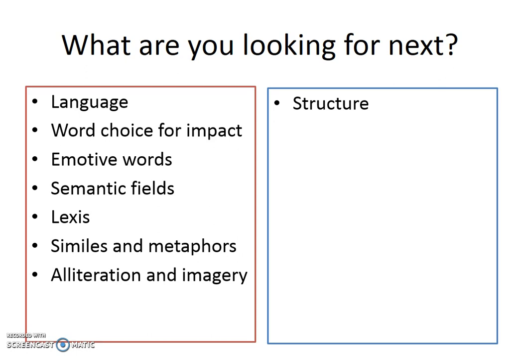Okay, so we could be addressing that through emotive language, so attacking someone on the emotional front, as it were. You could be using figurative language, so similes, metaphors, alliteration, imagery, any of those kind of poetic devices that you're already used to looking for. All of that works. When we think about semantic fields and lexis, semantic fields is more like, think more along the lines of simile.